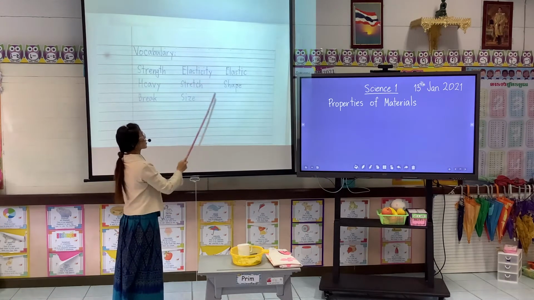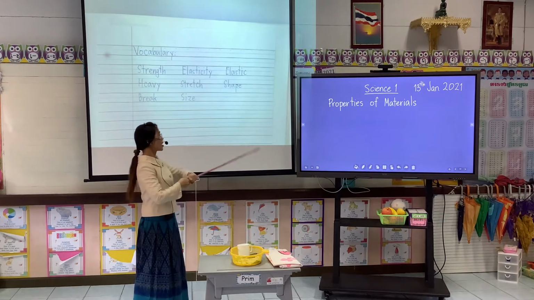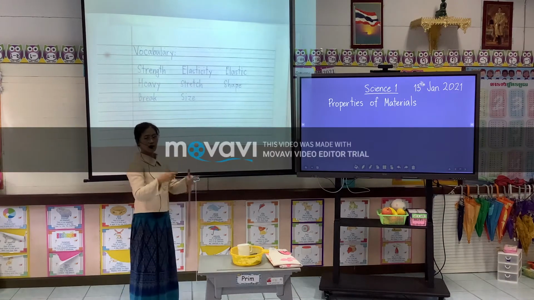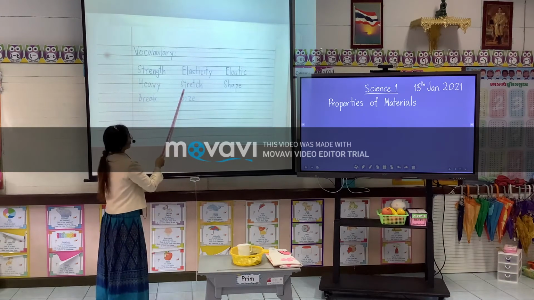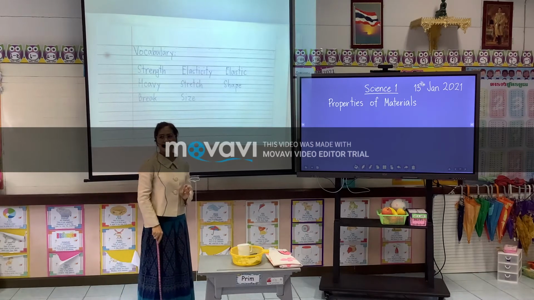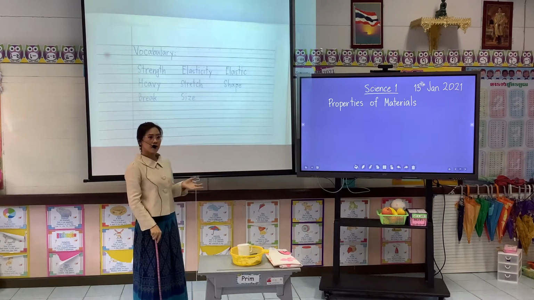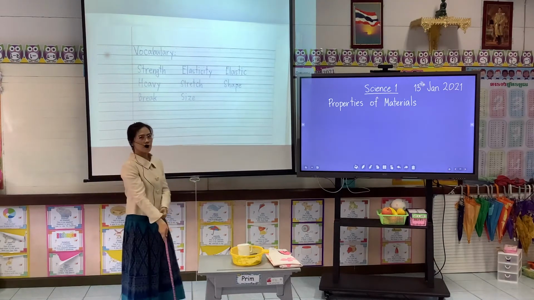Elasticity meaning to say to be able to be stretched. Elastic, you can stretch out. Stretch. Size. Size is the material big or small, and shape.